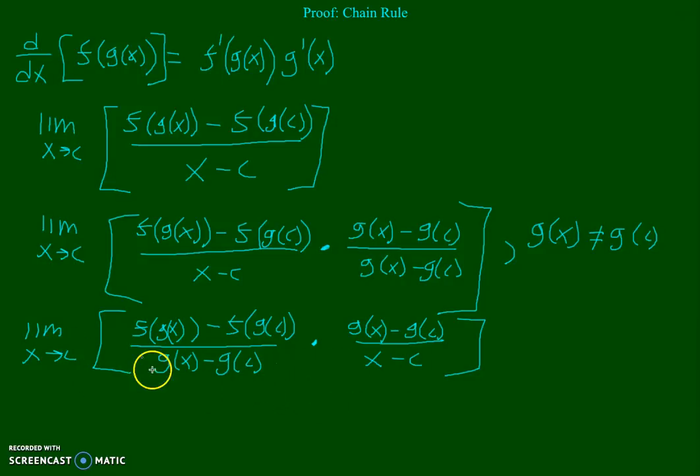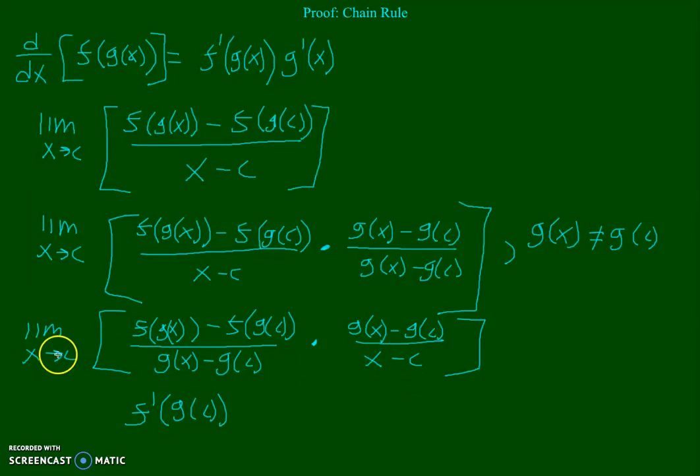Now, this becomes a derivative. The limit as x approaches c of f of g of x minus f of g of c over g of x minus g of c is f prime of g of c.